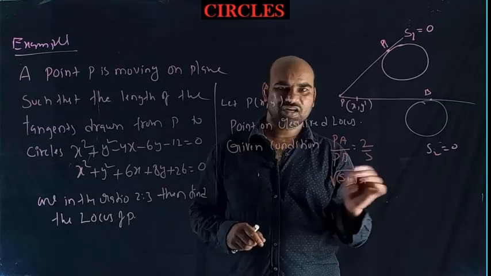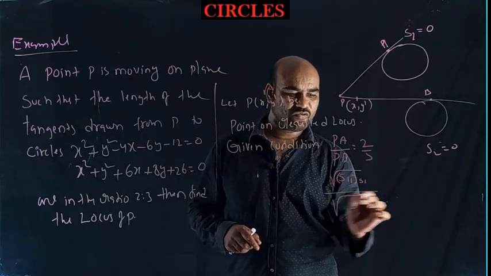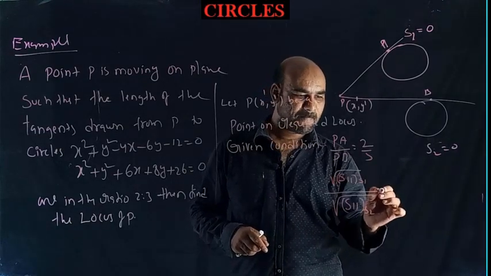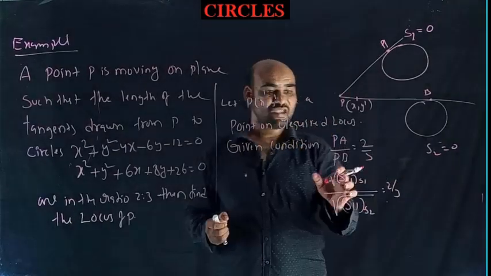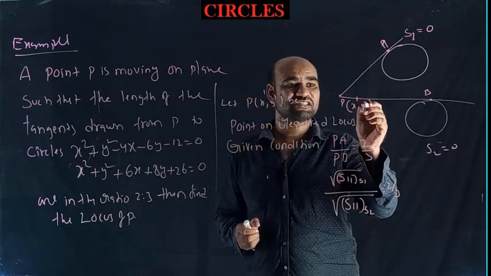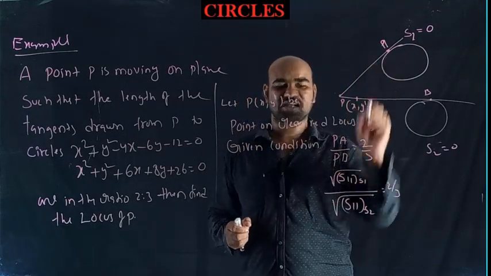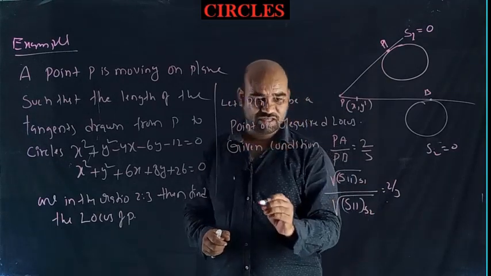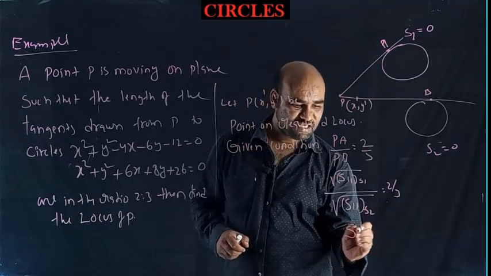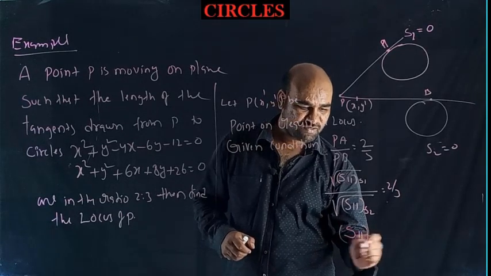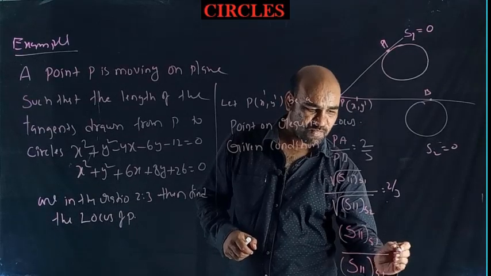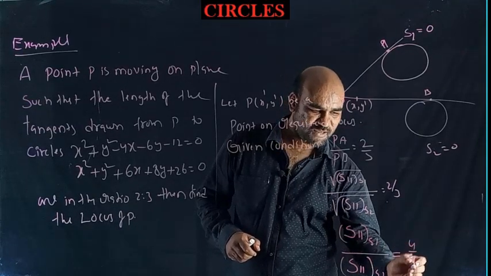Don't confuse. By root over S11 for the next circle, that is the S2 circle, equal to 2 by 3. S11 means what? You substitute x', y' in the circle equation. So squaring directly, S11 for circle S1 by S11 for circle S2 is nothing but 4 by 9.